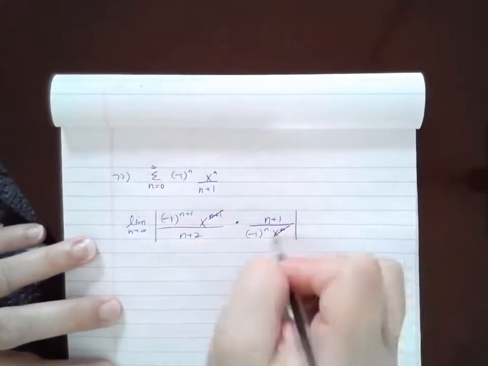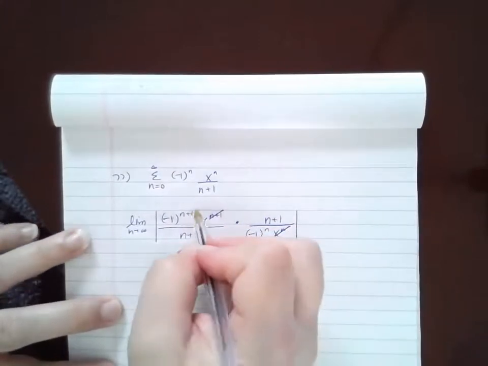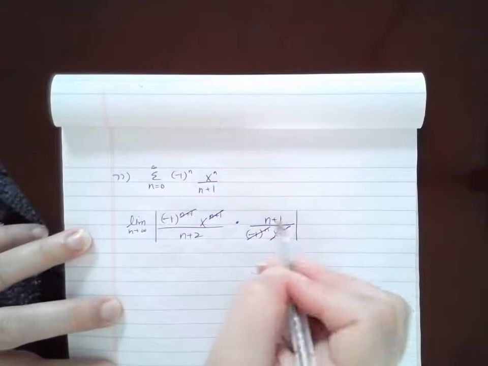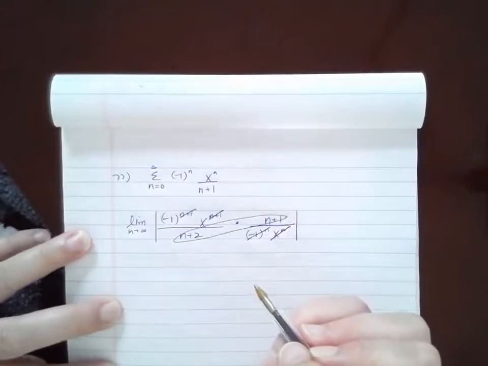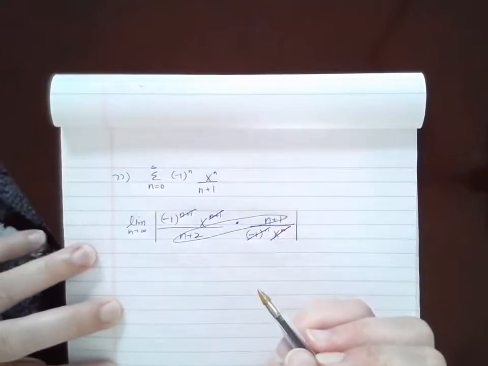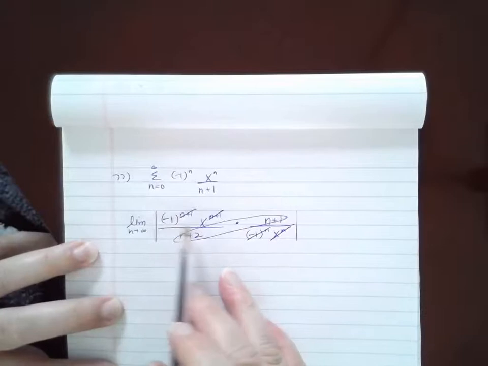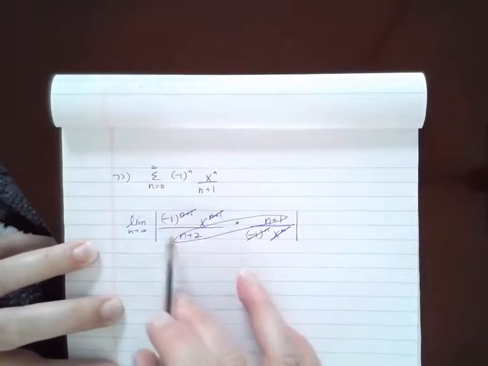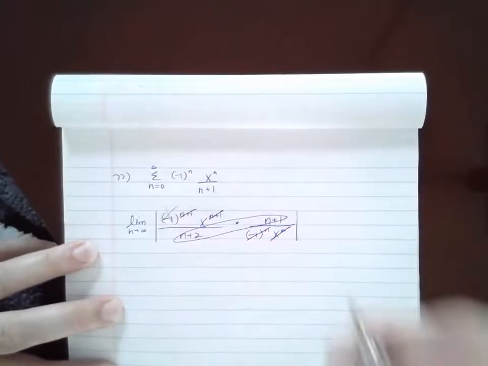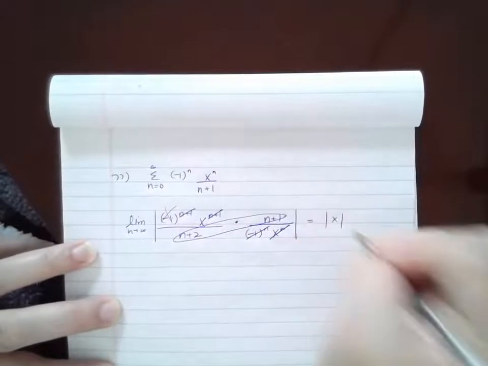That cancels with that. This cancels with that. And these have a limit of 1. I still have a -x in the top. The negative is irrelevant, so I'm looking at this as the absolute value of x.